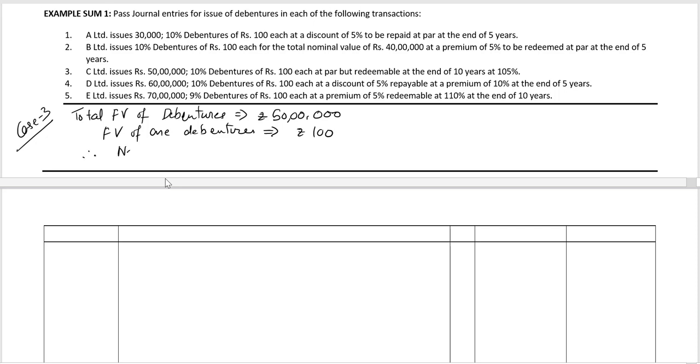Hence, the number of debentures is equal to 50 lakh rupees divided by 100 rupees, which comes up to 50,000 debentures.